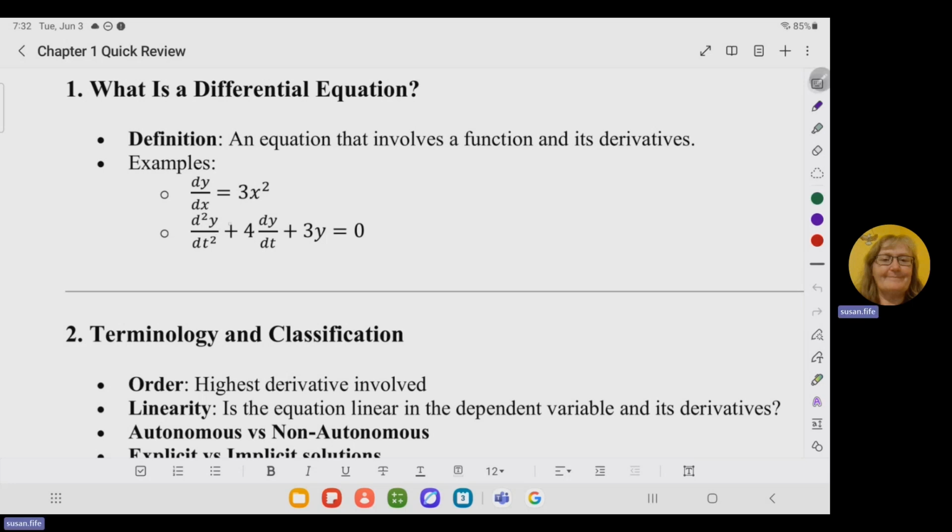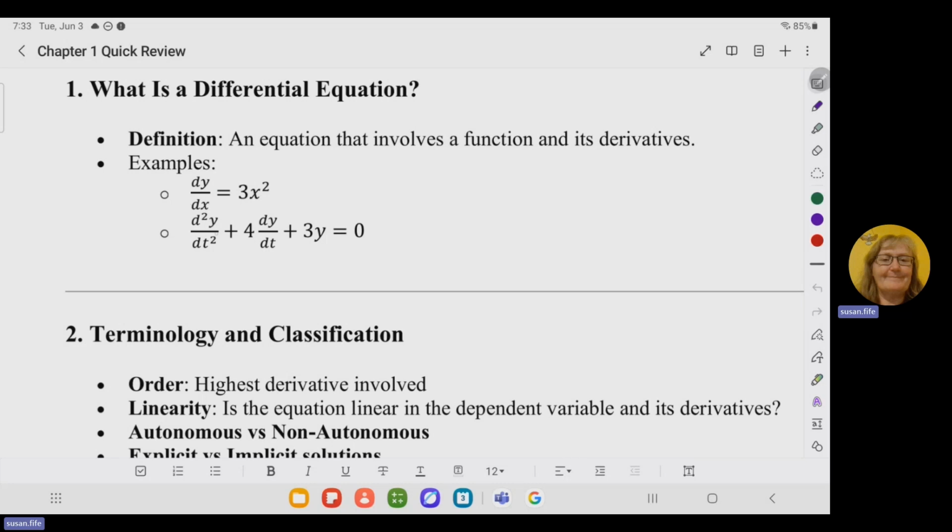The second equation, you have the second derivative of y with respect to t plus 4 times the derivative of y with respect to t plus 3y equals 0. There you have a second derivative. You also have a first derivative term, but that second derivative term makes it second order. And this is linear because the dependent variable terms are all linear.